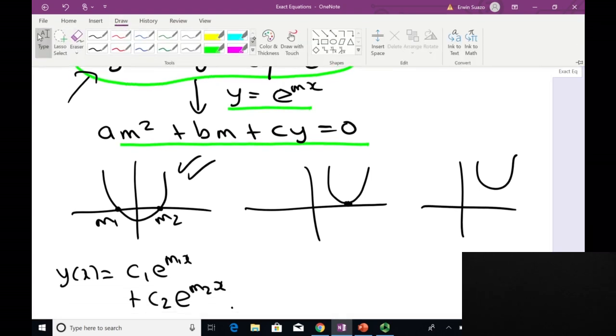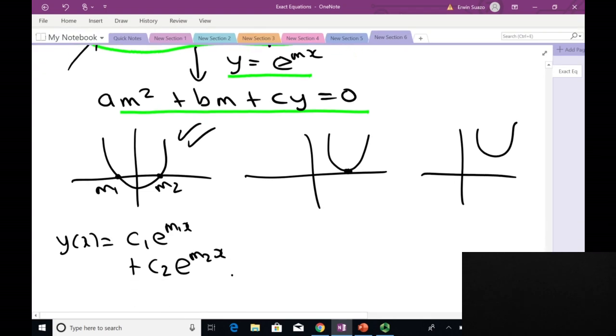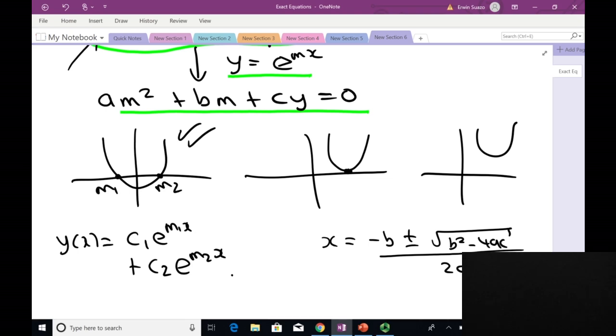So we have this formula. The general formula for this is x equals minus b plus minus the square root of b squared minus 4ac over 2a.